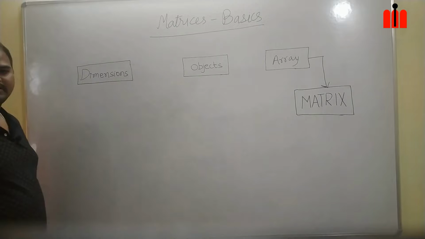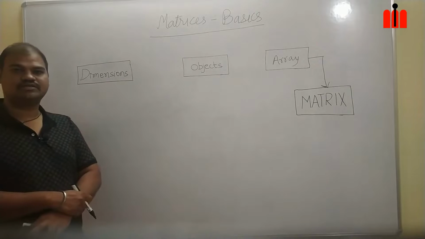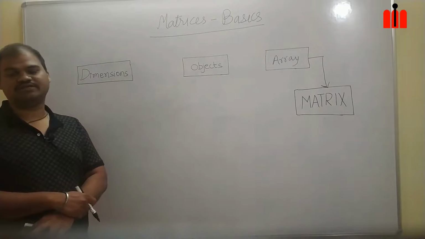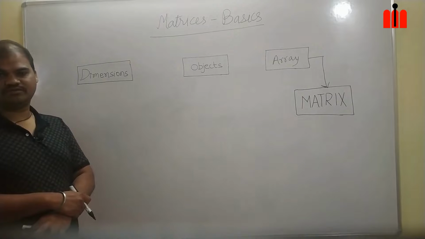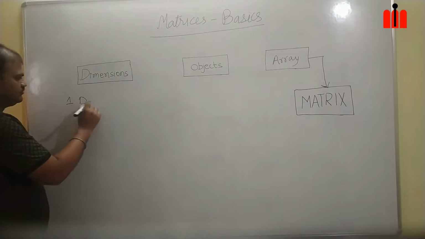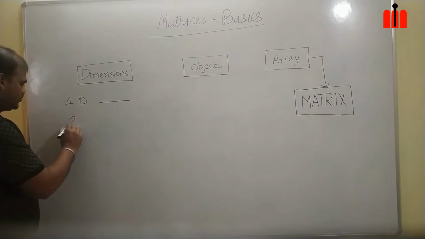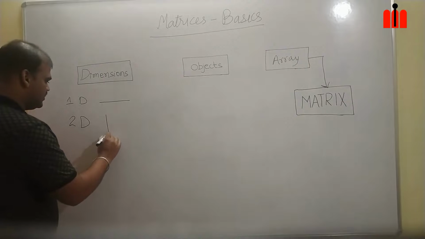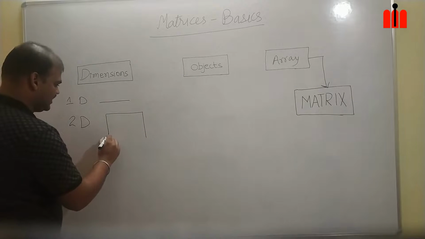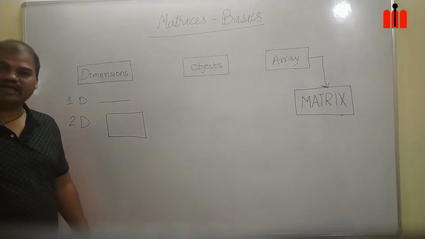Let's understand dimensions first. In dimensions we are having one dimension, we are having two dimensions. One dimension is a line. For two dimensions, let us take this rectangle.